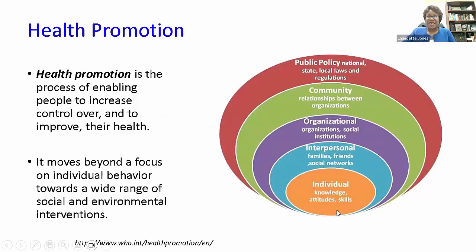You don't have to read the many writings, but what it's doing is we're moving beyond the individual level towards all of those layers that I spoke about before. And so that could mean there's people intervening at the public and the policy level. There are various organizations within communities that are partnering together. There are families and friends and social networks that are all working towards promoting health.